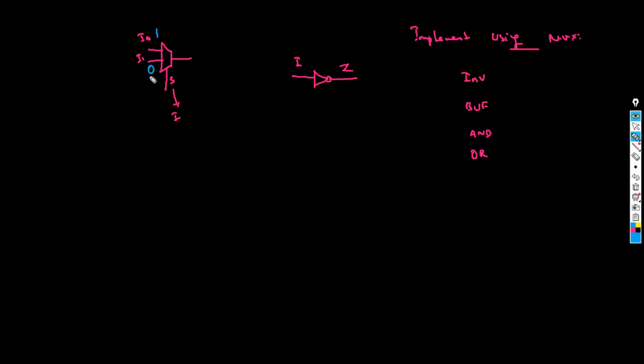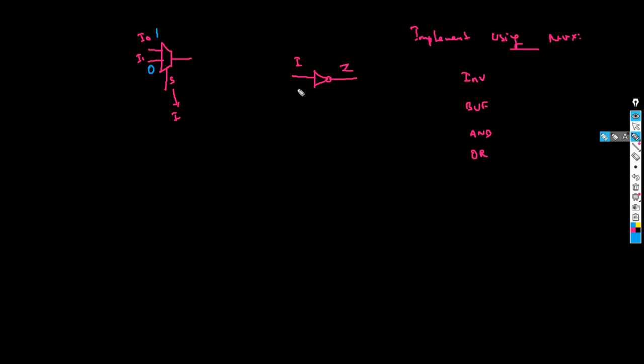Okay. Now, this is going to work as an inverter, output equal to I bar. No, you don't need to struggle so much. You can just go ahead with this. It is going to work.